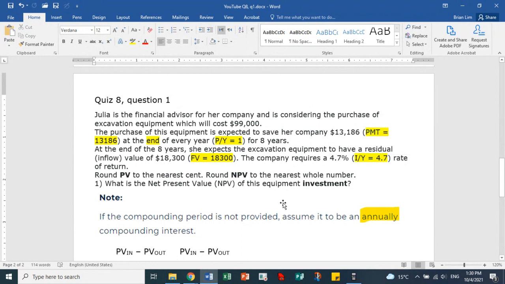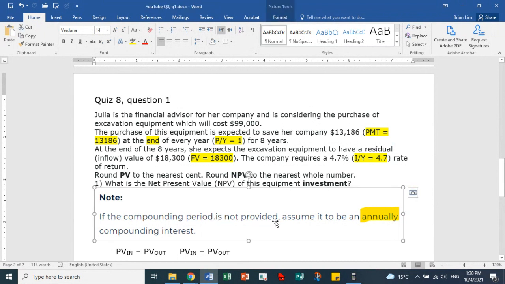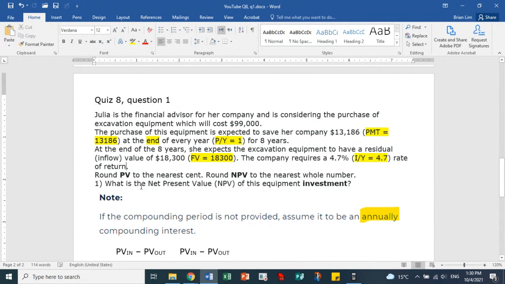Now, one of the things you have to come to realize is that when the compounding period in this case is not provided, assume it to be annually. So this rate of return will be annually. So CY would be equal to 1. Okay, so let's put that in there.